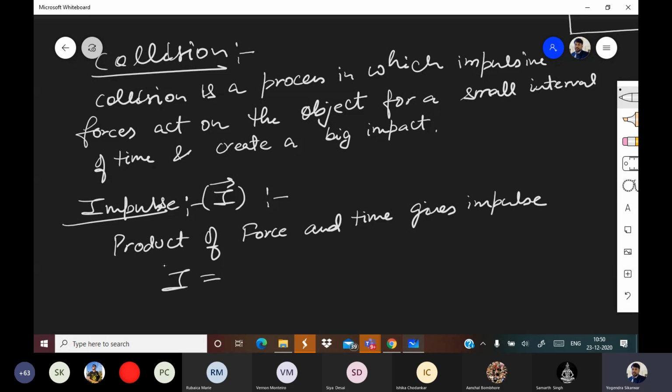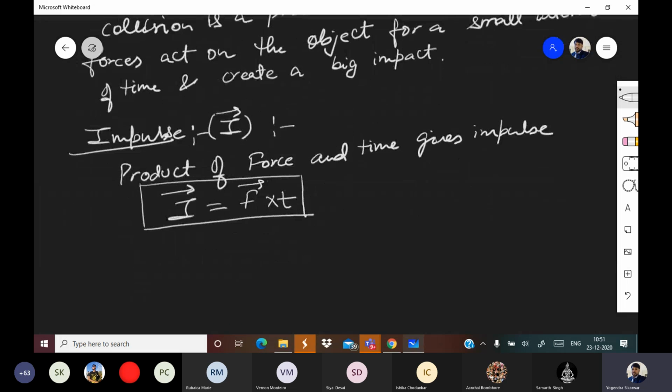So I vector is equal to F vector into T. Please note, impulse is equal to force into time.